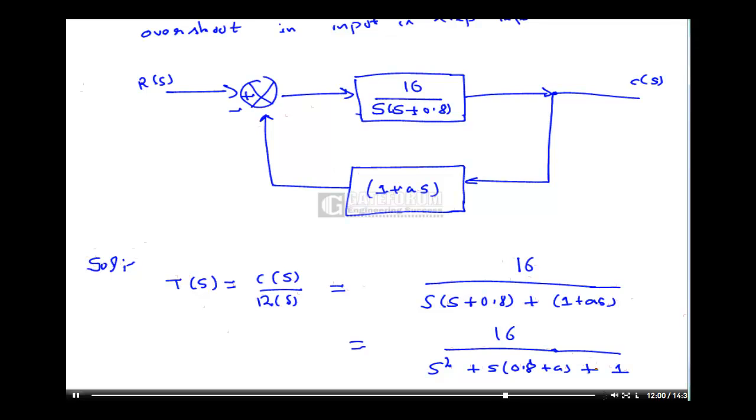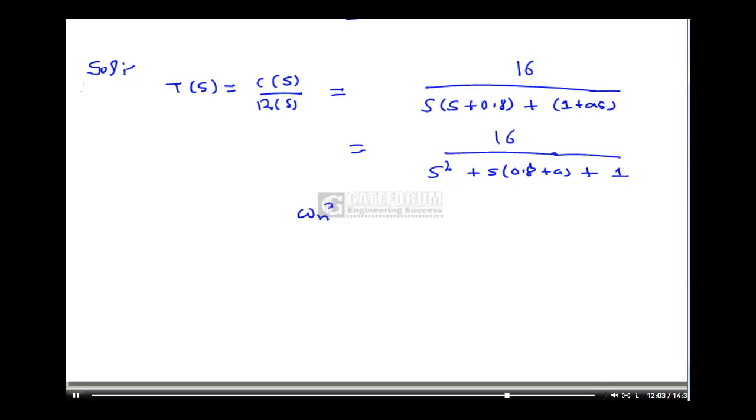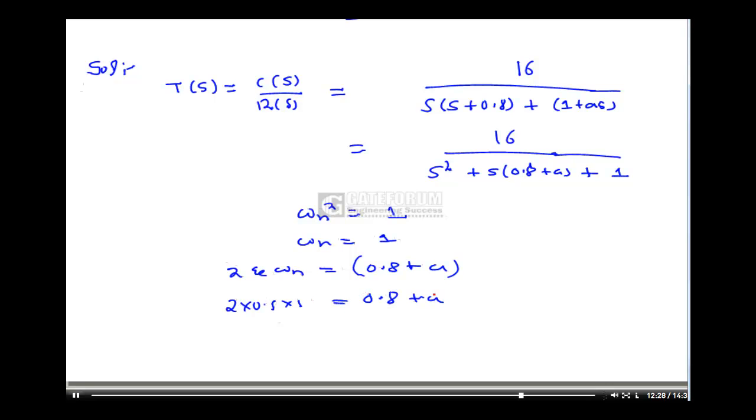Now omega n square is equal to 1, so omega n is equal to 1. Since this is a second order equation, 2 zeta omega n is equal to 0.8 plus A. Now I want my damping ratio to be 0.5. 2 into 0.5 into 1 is equal to 0.8 plus A. This implies my A is equal to 1 minus 0.8, which is 0.2. Thus we got the value of A.